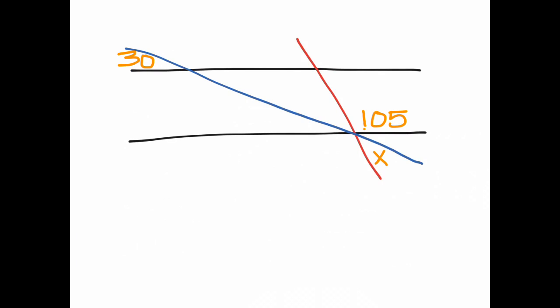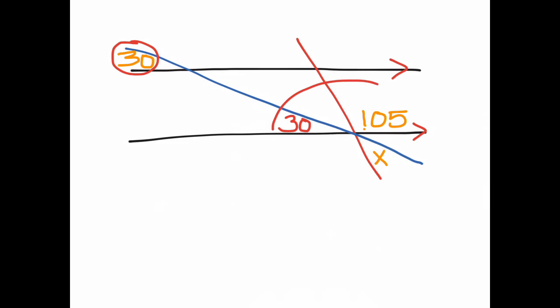All right, they give us this figure here for the next question. They ask us to solve for angle x. So to do so, I'm going to start with this angle 30 right here. And I know that these two lines are parallel. It tells me that they are. So that makes this angle right here also 30 because they're corresponding.